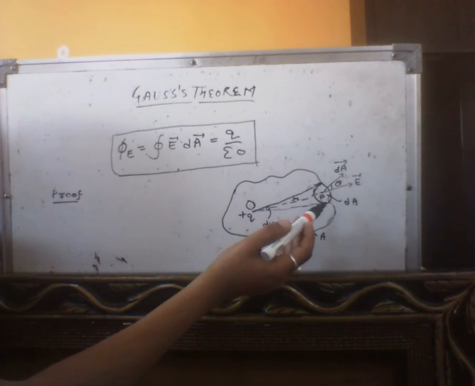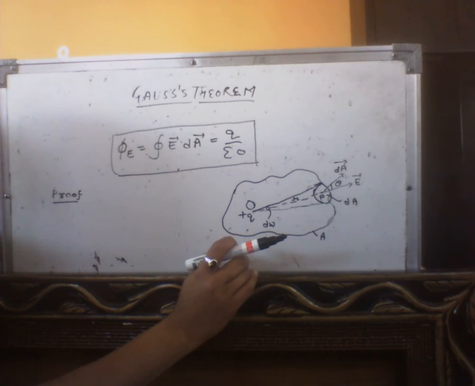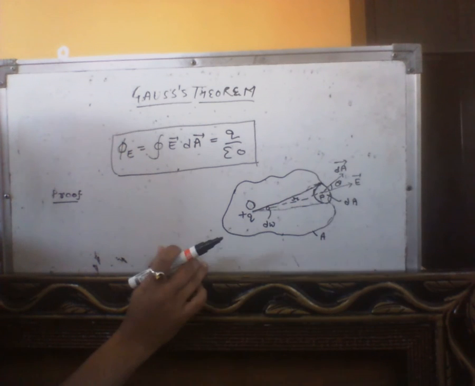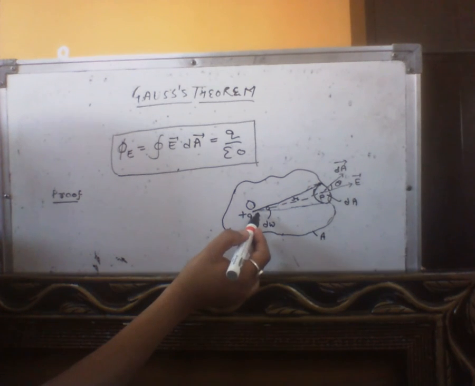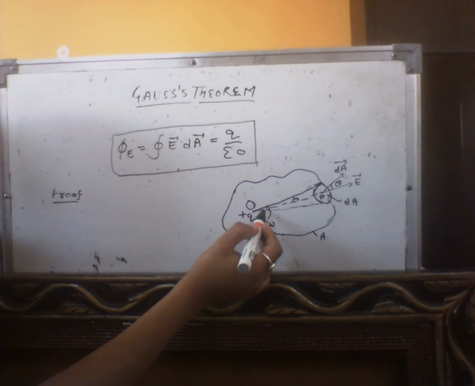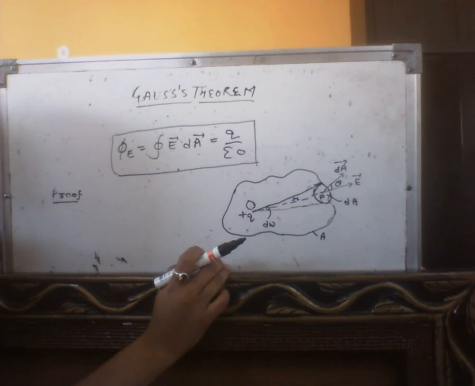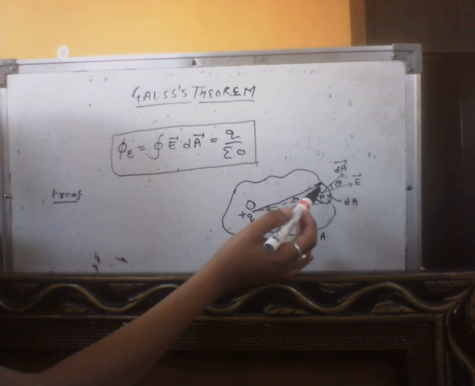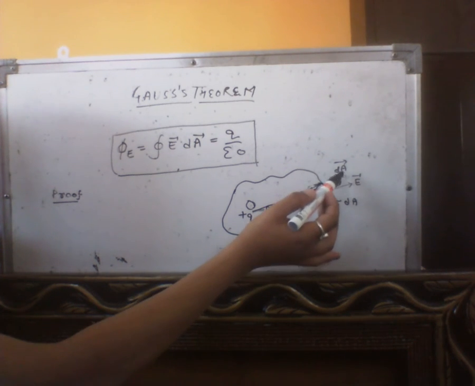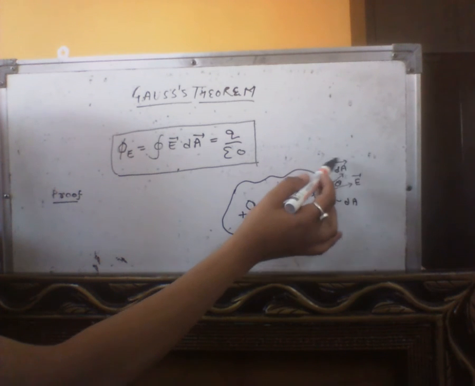We can represent the area vector by dA. Now suppose E is the electric field intensity at point P due to charge positive q at O. Then the direction of electric field intensity will be away from the positive charge, so this will be the direction of E, and this is the direction of area vector.